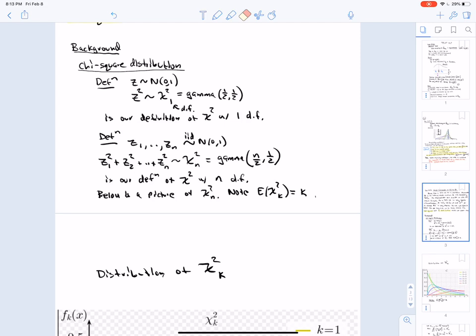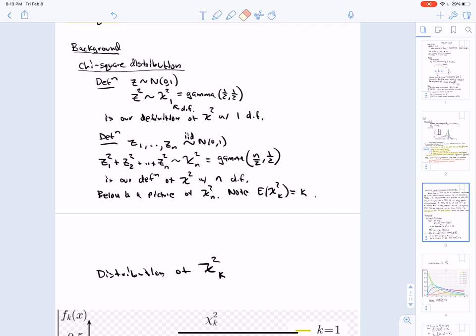So if you have n independent chi-squareds, you're going to get gamma(n/2, 1/2). The point about the degrees of freedom is that chi-squared with n degrees of freedom is the sum of n independent squared standard normals.